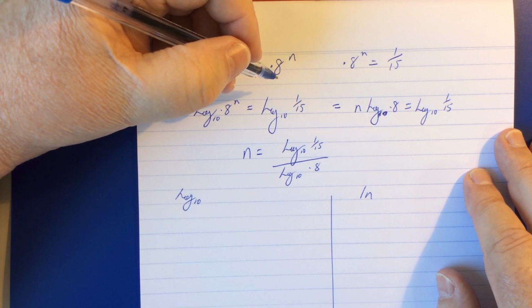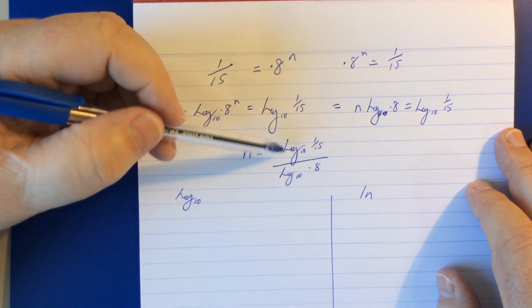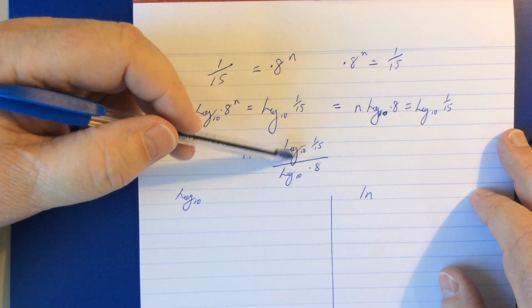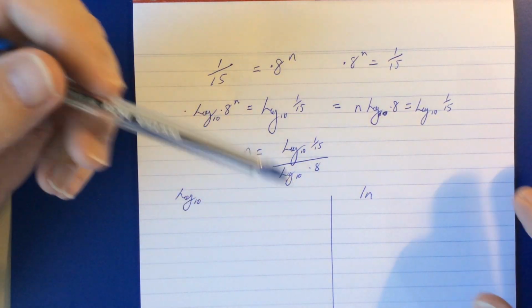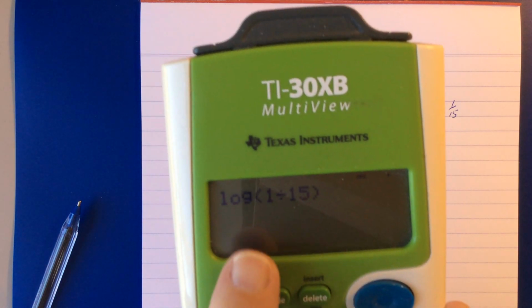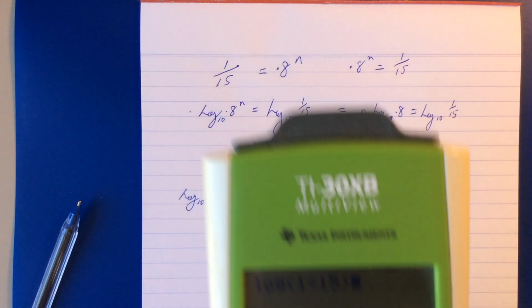Okay, so it is now just a matter of going through the motions with this. Now I'm going to do this first, and then I'm going to do it using natural logarithms. Okay, so what have we got? We've got log 1 divided by 15. That's how you enter 1/15th.